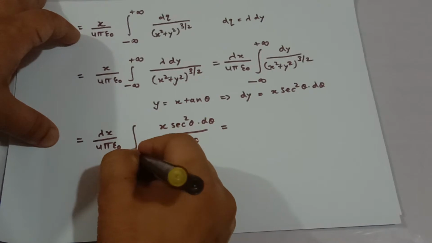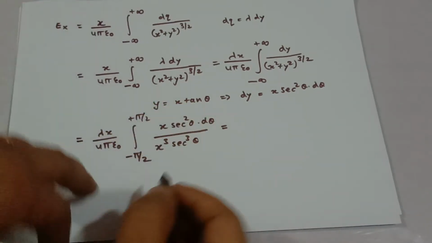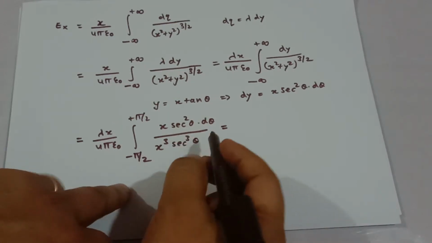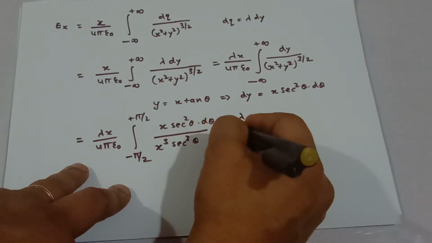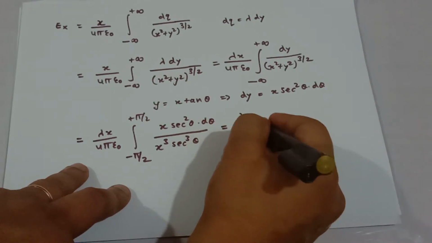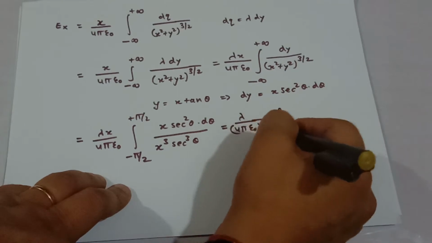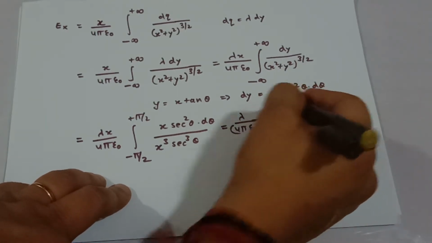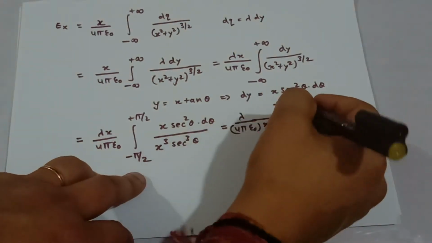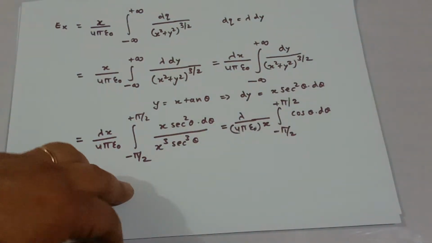Of course, the angle is from minus pi by 2 to plus pi by 2, because everything would come out except theta. So that expression would be written as lambda divided by 4 pi epsilon naught into x in the denominator, the limit from minus pi by 2 to plus pi by 2, of cos theta d theta.